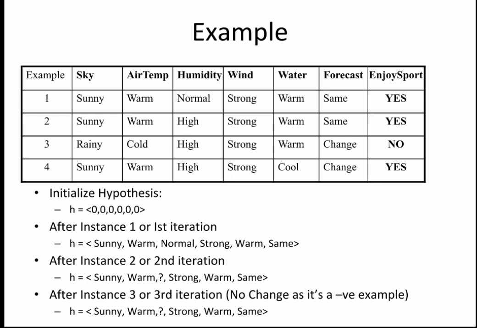Whatever initial value of the hypothesis you designate, whether it is most specific or most general, it really doesn't matter, because in the first iteration all the values encountered in your first positive training instance will be replaced in your hypothesis.